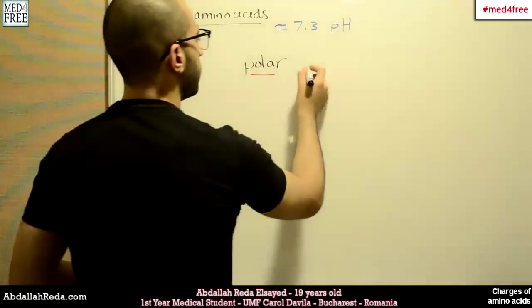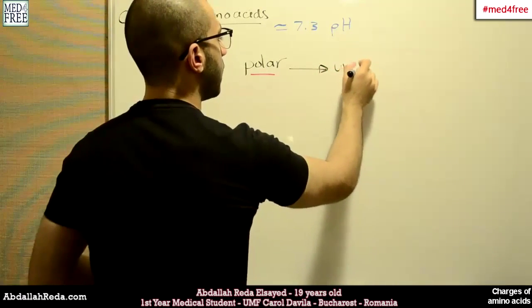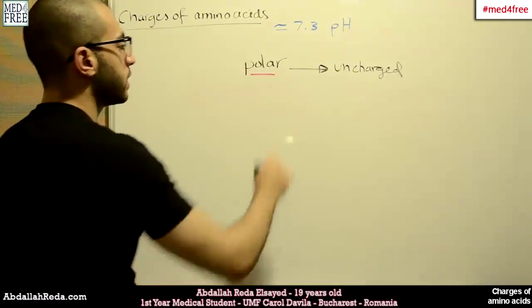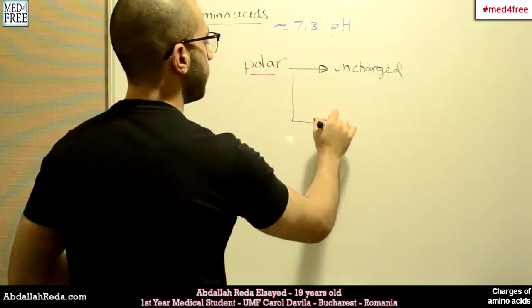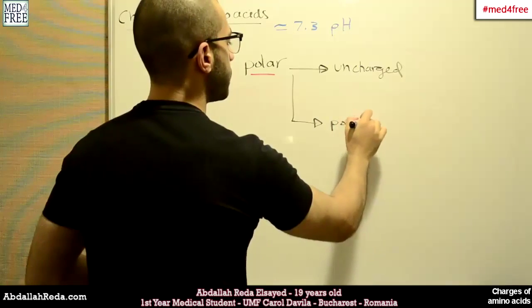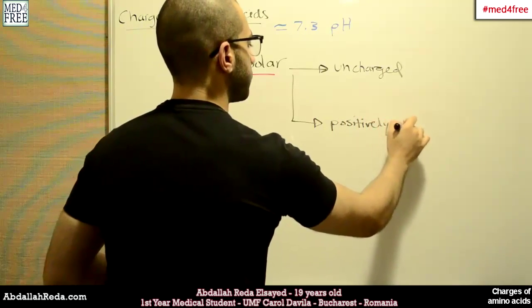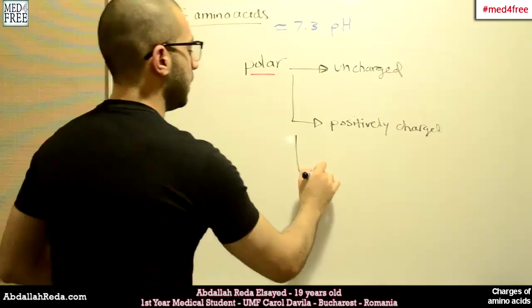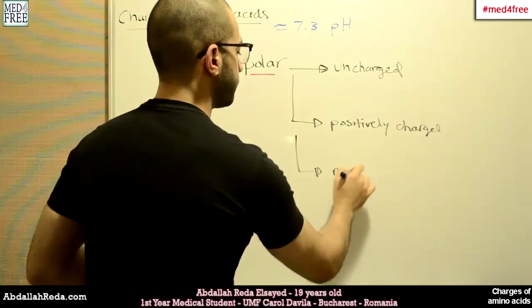We have polar but uncharged, so they don't have a charge, and we have positively charged, and we have negatively charged.